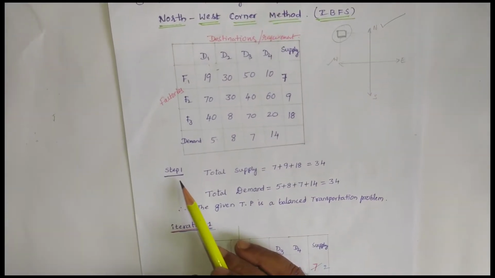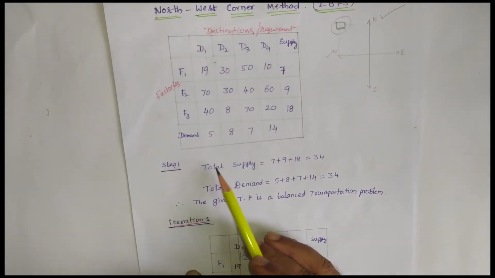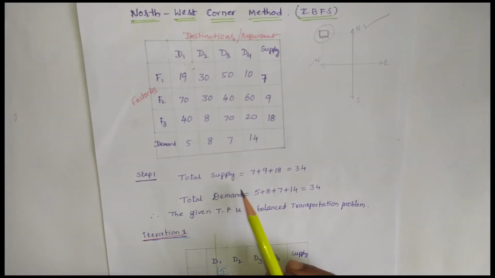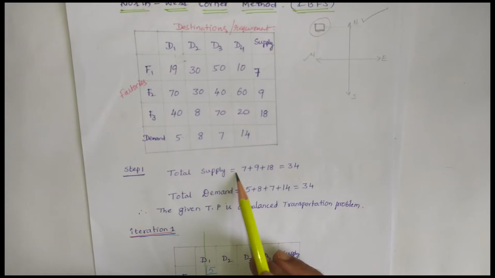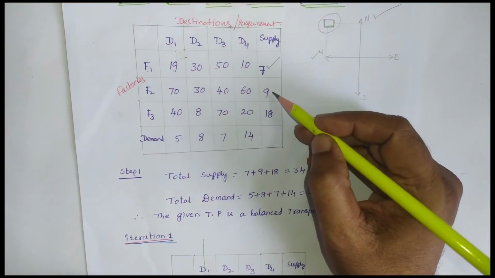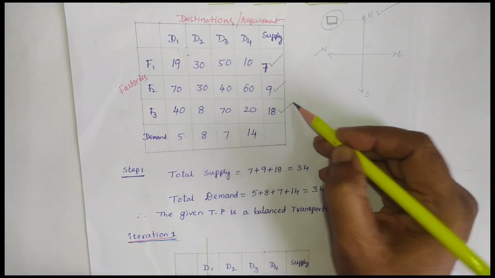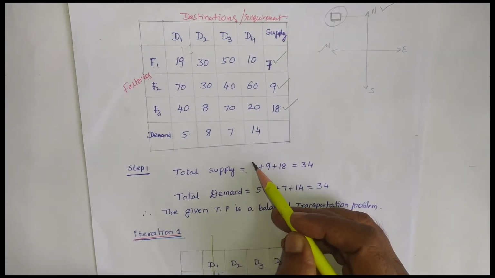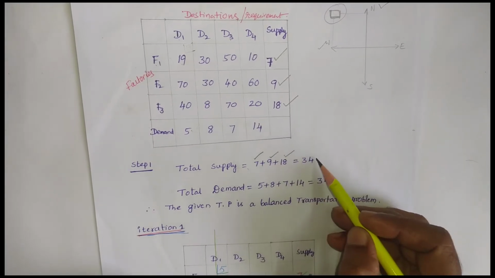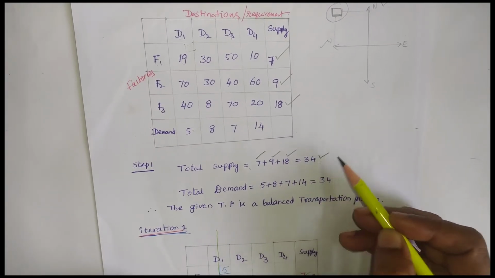First step is to identify total supply and total demand. Total supply equals 7 plus 9 plus 18, that means 34.